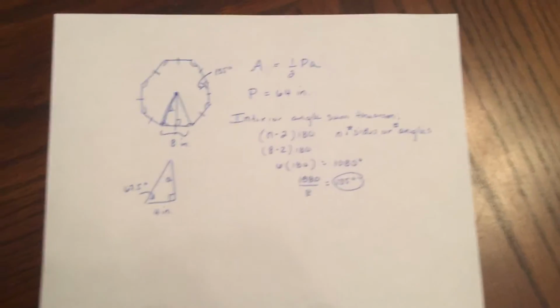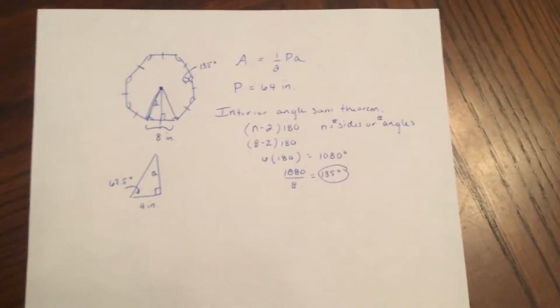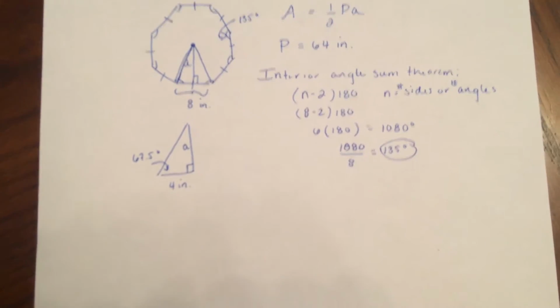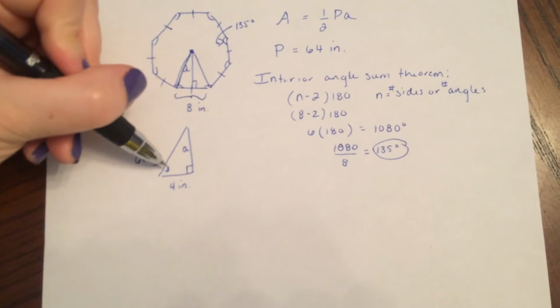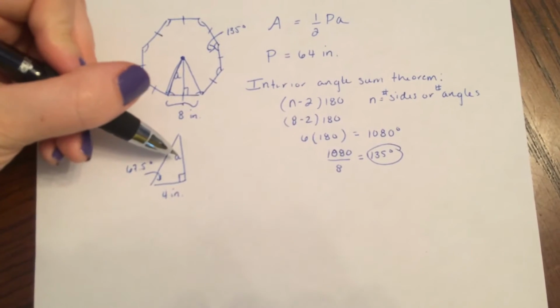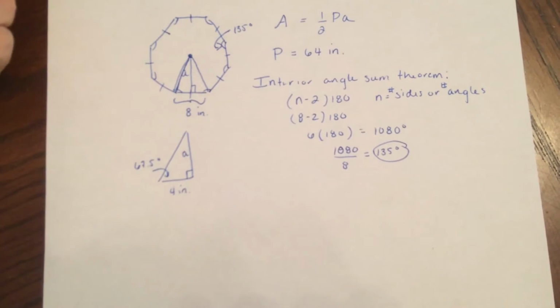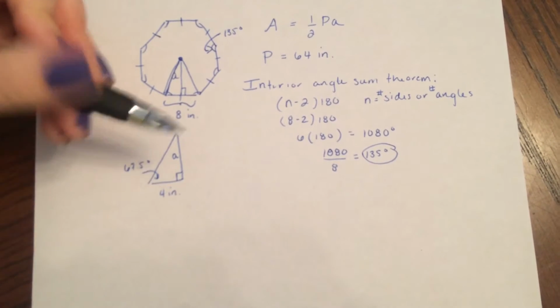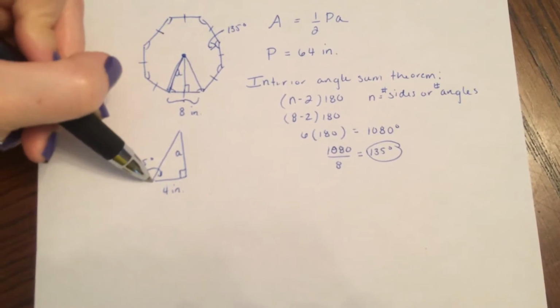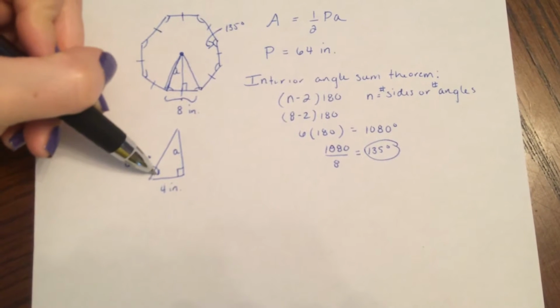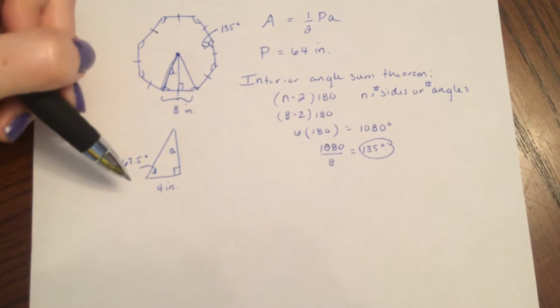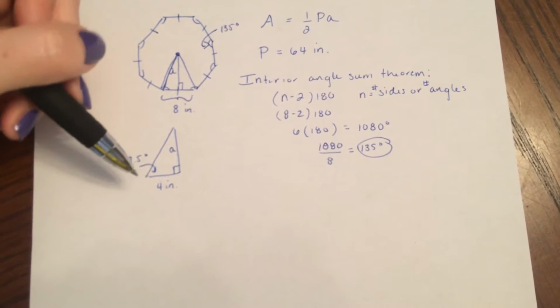From there, we zoom in on our right triangle. I have a side length and an angle, and I need to find another side length, so you can use trigonometric ratios. With respect to the angle, the apothem is opposite, and this 4 inches is adjacent, so that is the tangent function.